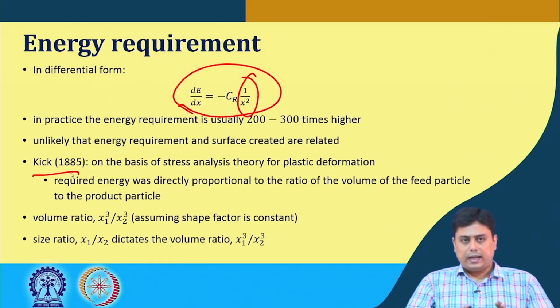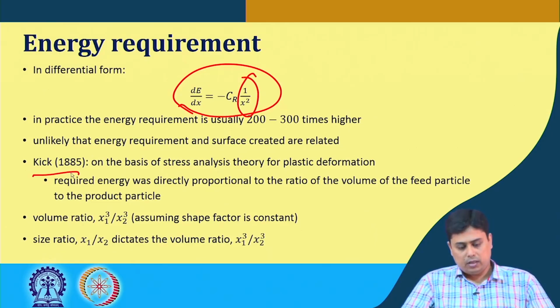So, that means if we go back to our example, say we have the initial feed size of x1 and final particle size of x2, then the volume ratio is x1 cube by x2 cube, assuming the shape factor is constant.